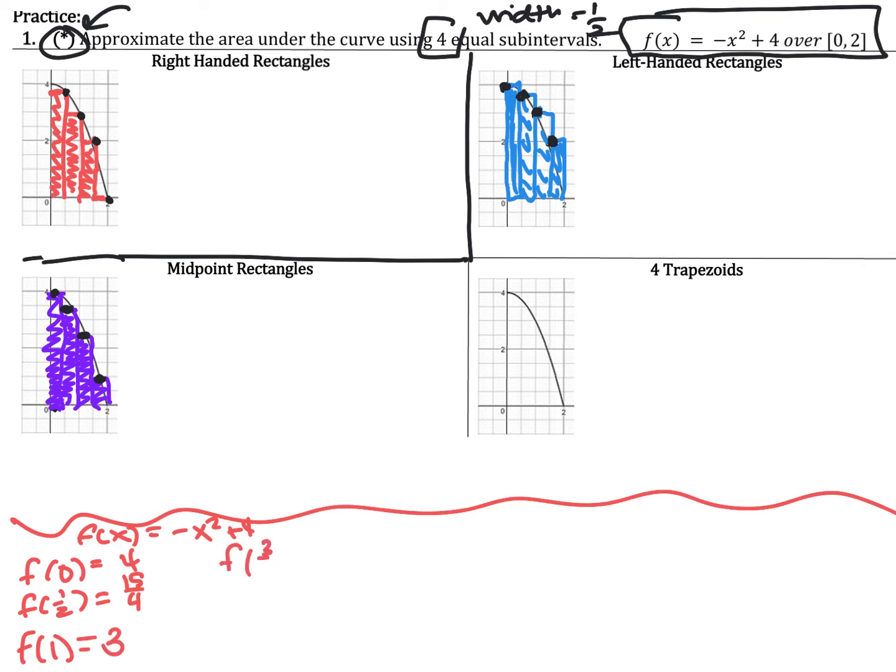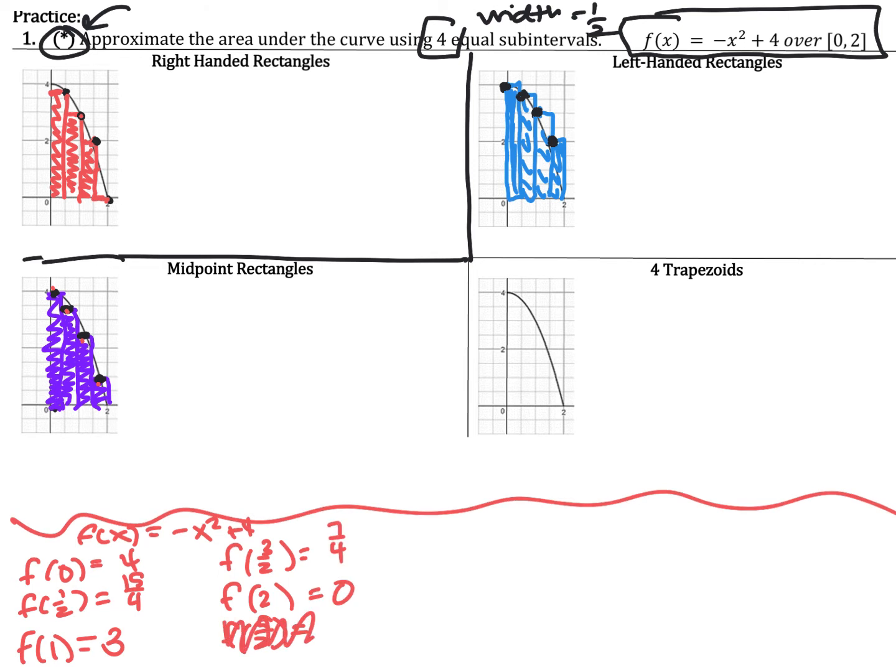If I plug in 1 1/2, if I plug in 2, if I plug in 2 1/2, and again, since I'm going to be doing this so many times using these different numbers to figure out these points along my curve, I may as well just have them all written at the bottom so that I'm not calculating them every single time. So go ahead and fill in these remaining values.